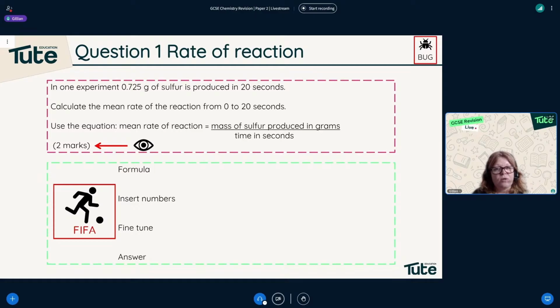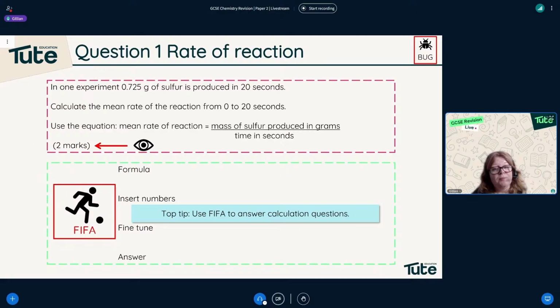Okay, next question. We have a calculation question now. You could be asked to calculate the rate of reaction. If you have joined us previously, you will be very familiar with FIFA.